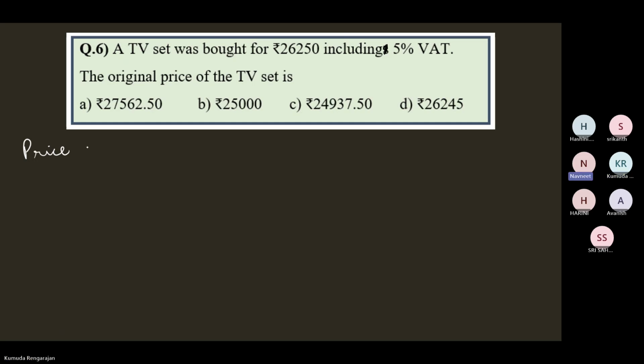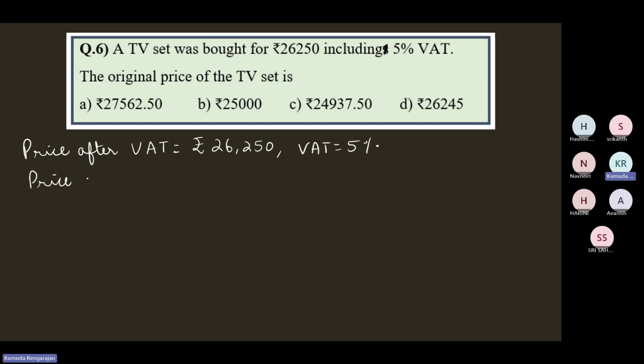After. Price after VAT is equal to, after VAT was added, the final sale price is rupees 26,250. And VAT percentage is equal to 5%. We have to find the original price, that is the price before VAT was added.